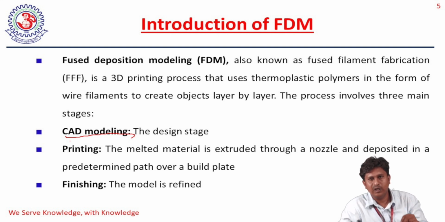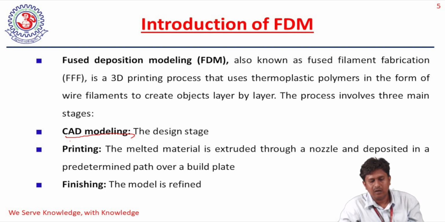There we give some prior print settings, like print temperature. Then we click on slice, the code will be generated and saved in a drive. That code will be imported to the next stage, that is the printing stage.